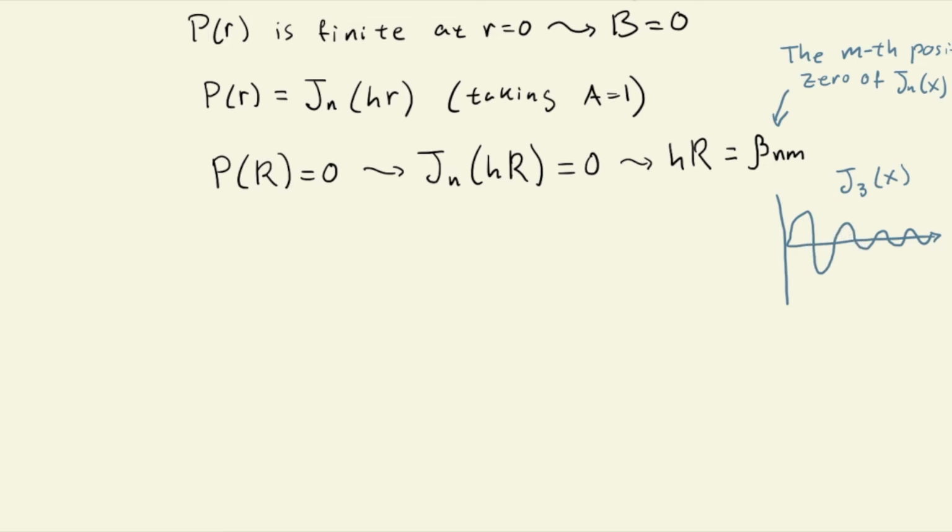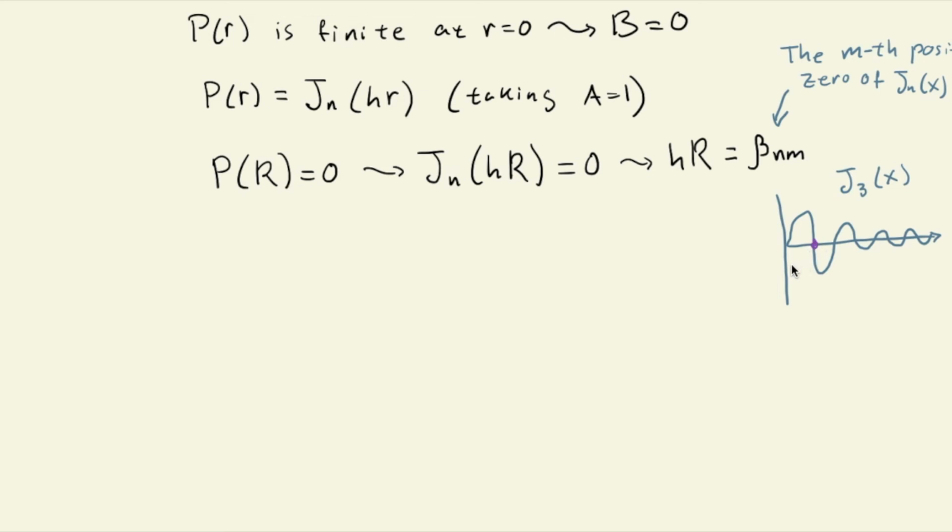So this right here is the first zero that is positive. So for n positive, J_0 doesn't vanish at 0. But all the other J_n's for positive n are going to have a zero at 0 right here, and you don't want to count that because it's going to make h equal 0. It's going to destroy everything. So you don't want to count that one. So this is the first positive zero.